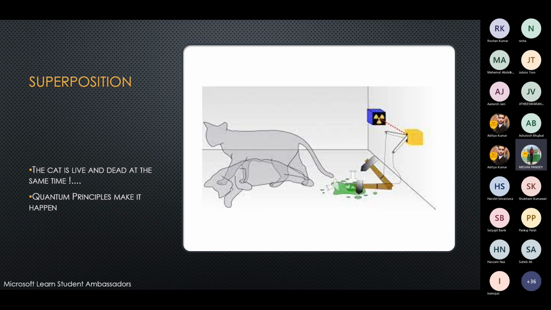So I assume the cat is dead and alive in the same state. How can it be possible? This position and this probability is known as superposition in quantum computing. It means the cat is dead and alive at the same time, and the quantum principle known as superposition makes it happen.